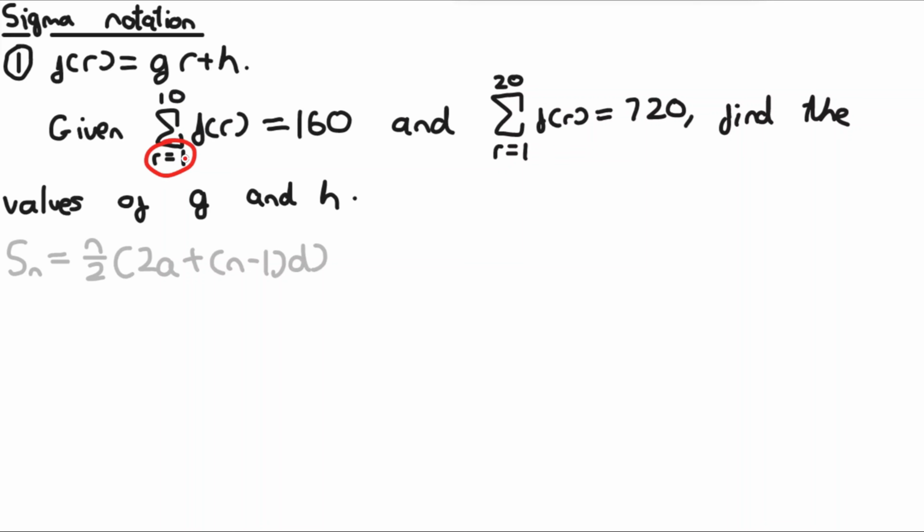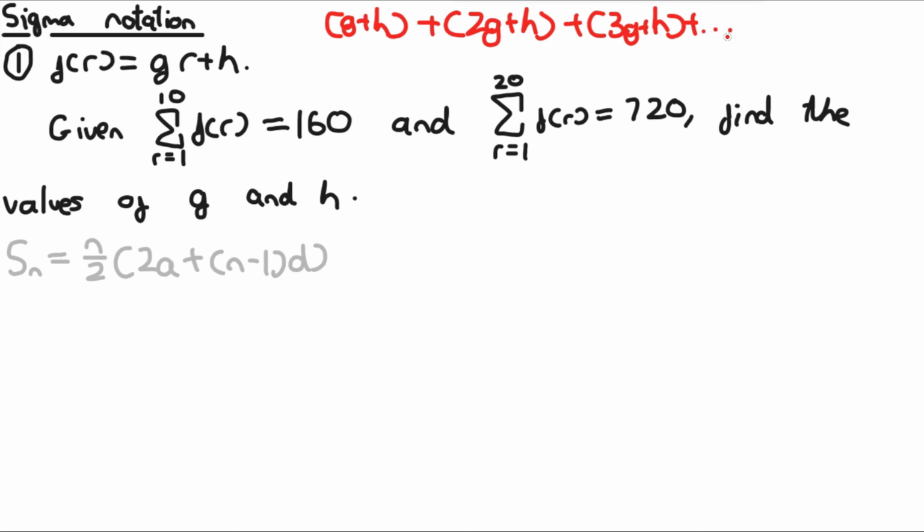So when r is equal to 1, they both start from r is equal to 1, it's going to be (g plus h). I'm going to put brackets around it to show this is a term. And then when r is equal to 2, it's going to be (2g plus h). And then the third term when r is equal to 3, it's going to be (3g plus h), and then it's going to go on and on like this.